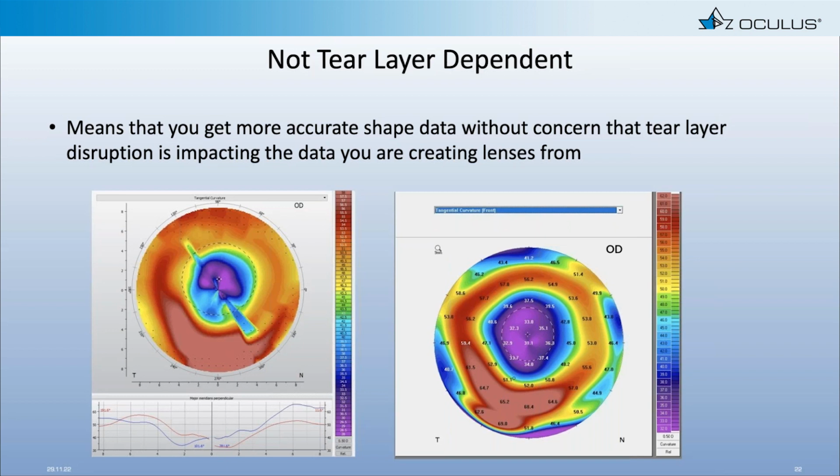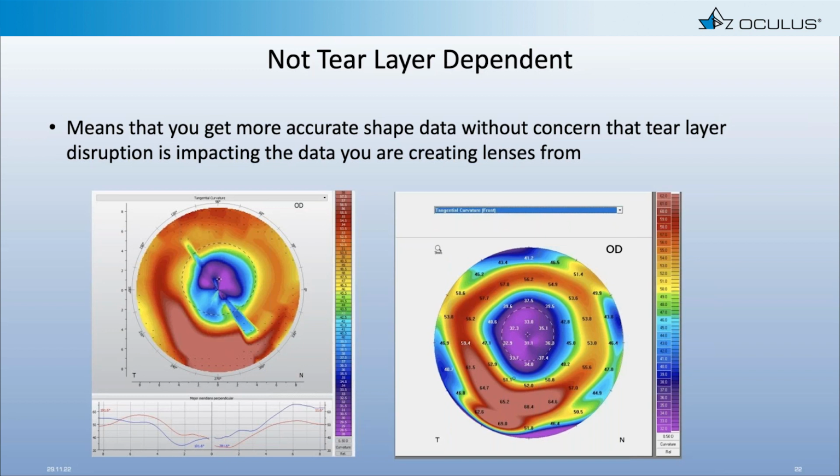And what you see on the picture on the right is we've got some tear layer disruption on the anterior corneal surface, and it's giving us this artifact data. It's throwing off our data. Whereas the same eye with the same disrupted tear layer on the right with a Pentacam is giving us clean data all the way through that's not altered by the fact that there's tear layer disruption going on on that patient's cornea.